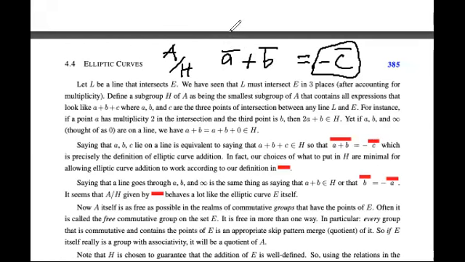So this is kind of like, think of this as a point now, like on the elliptic curve describing A, and the point on the elliptic curve describing B is equal to the vertical partner of the point describing the third intersection. In other words, it looks exactly like elliptic curve addition when we just do this quotient, A mod H. So that's kind of cool.